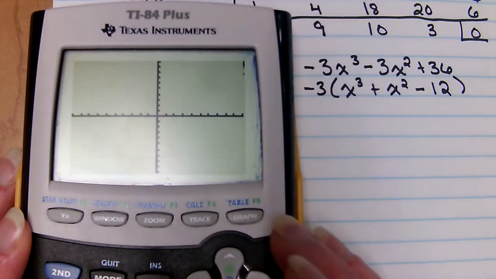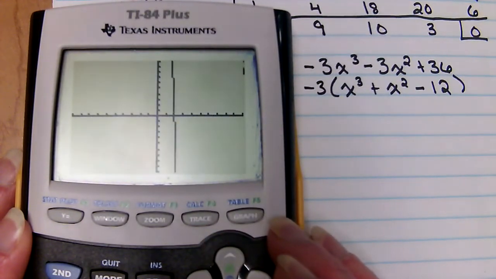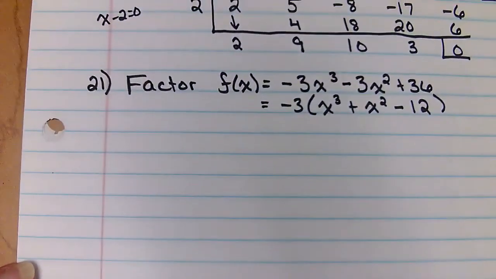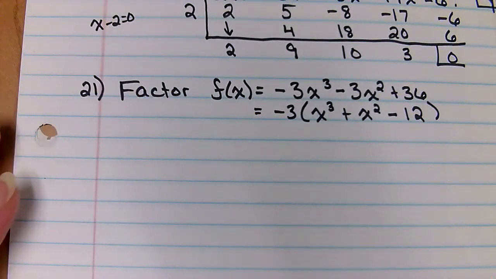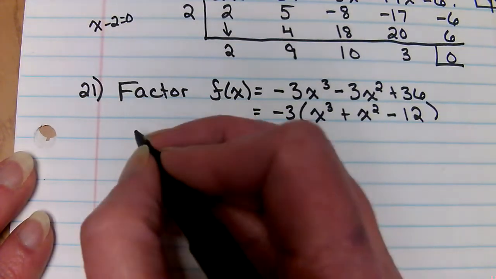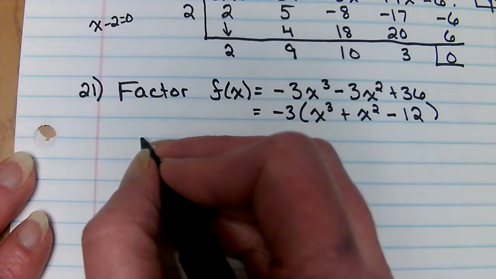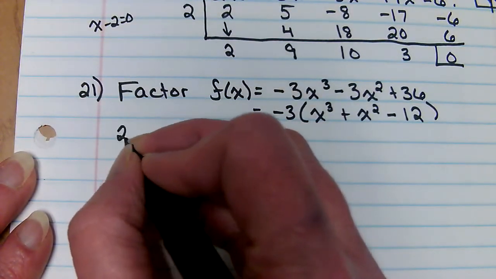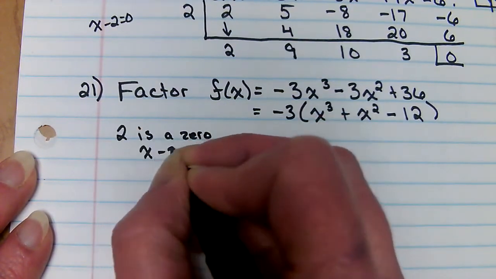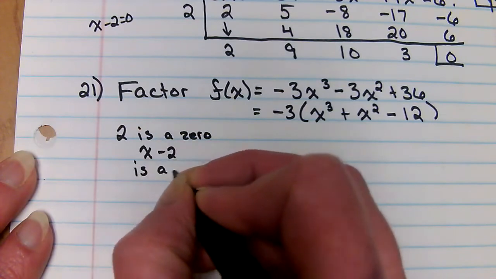Let's look at the graph. Two is my 0. So I know if 2 is a 0, then x minus 2 is a factor.